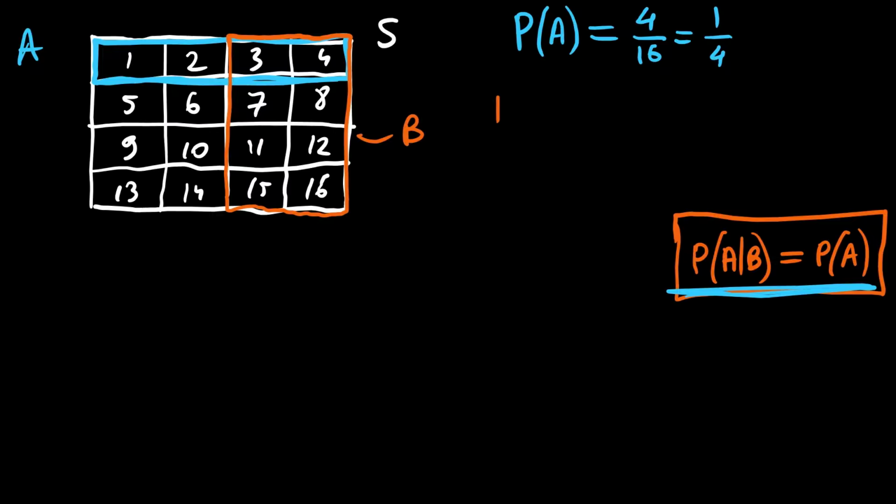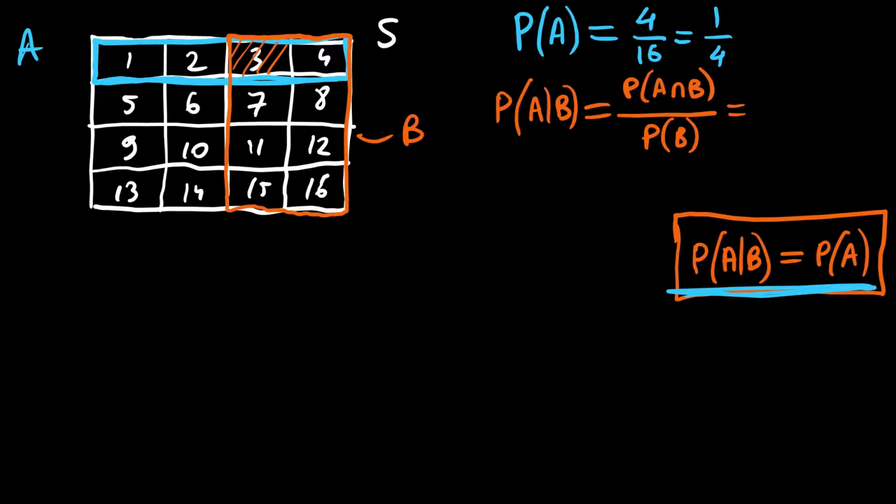If B becomes the new sample space, the probability of A given B is the probability of the intersection of A and B divided by the probability of B. The probability of A intersection B now consists of 2 elements, so that's 2 over 16, and the probability of B is 8 over 16. That's 2 over 8, so that's 1 over 4.